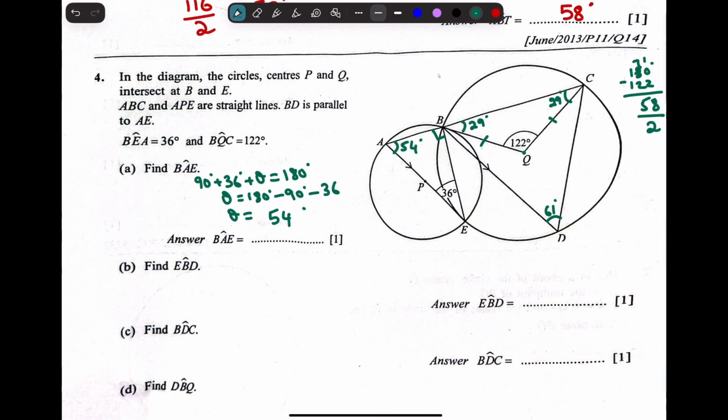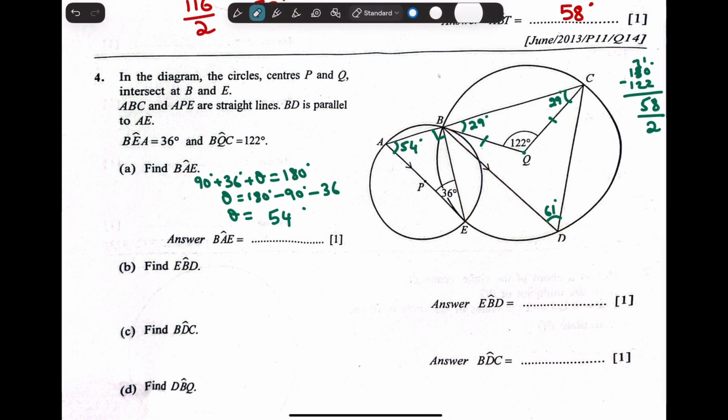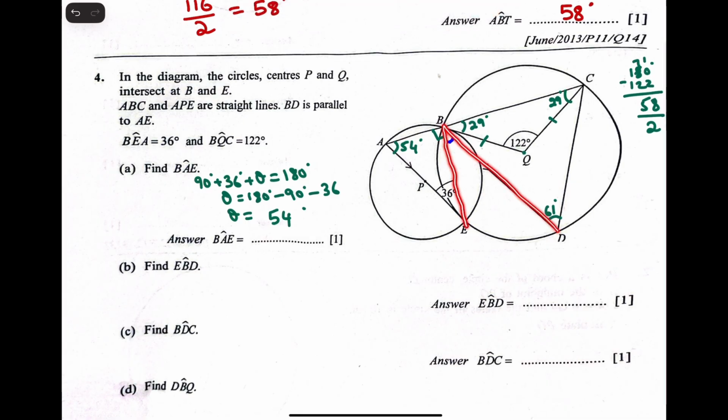Okay, find EBD. EBD is what they want us to find. Let's use a different color to mark the angle. So how can we find that? Please notice that since AE is parallel to BD, these are parallel lines.